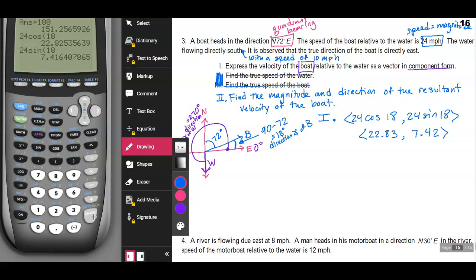So that is the component form of the boat.